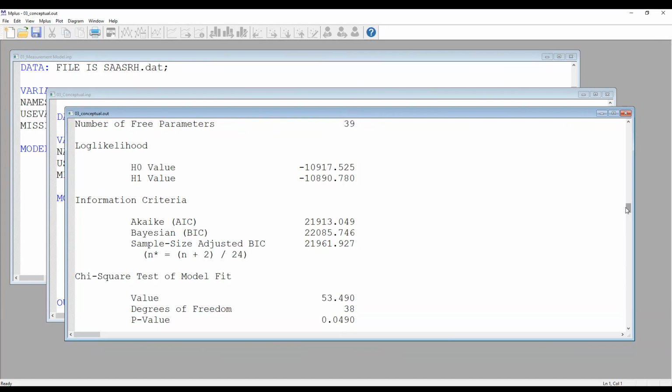Yes? Could you go over what the defaults are? So, I mean, there are so many of them. I can't possibly go over all of them, but the salient ones I will go over right now. The most important one is that if you have exogenous variables, by default, Mplus will correlate them. That's why I didn't have some of those correlations in that measurement model, and it still was going to give me the same.